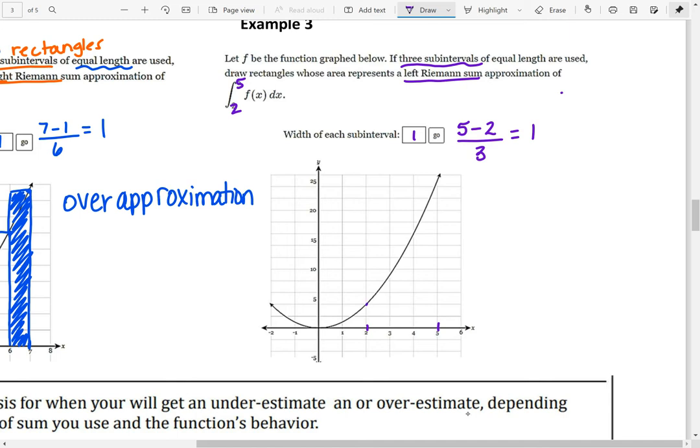And the left side of the rectangle needs to touch the curve. Then I'll draw those in. If I were to find the area of each rectangle and add it all up, it would be much less than the actual area under the curve. And we call this an under approximation.